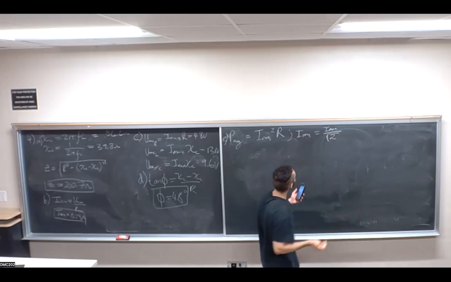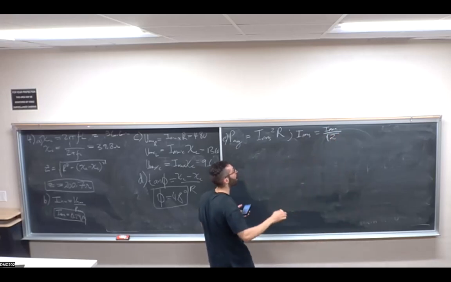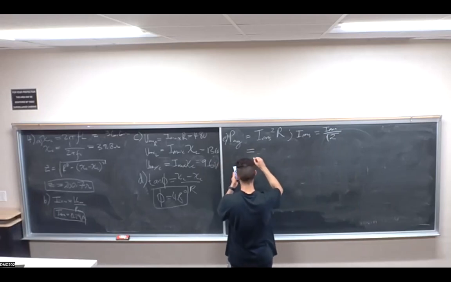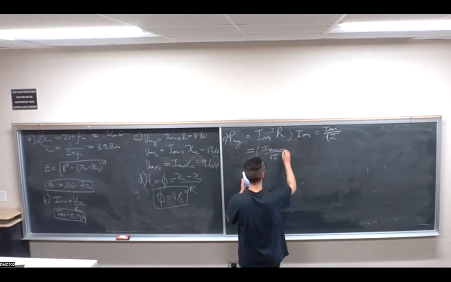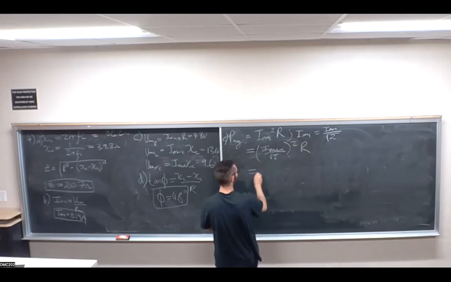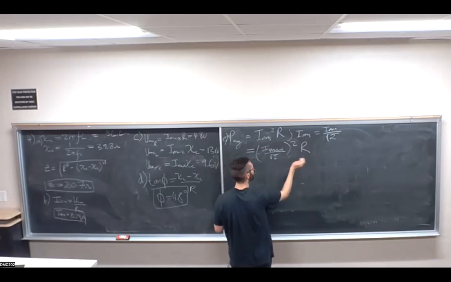Therefore, to find Imax, it's just the RMS times √2. So we can rewrite this as Imax over √2, this whole thing squared, times R. Imax we already solved for, just divide by √2, and then R is given. All this comes out to be 5.76 watts.